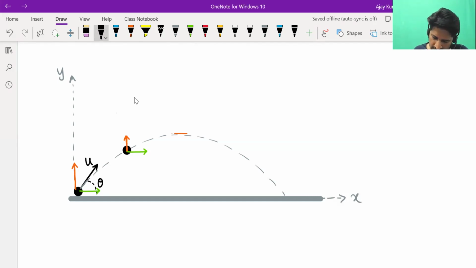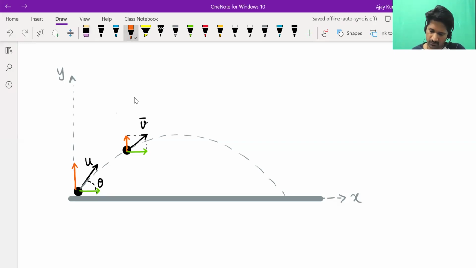Now if you take the resultant, the velocity will be like this at that instant. At a later instant, the y component will become even shorter. X component continues to be the same. Y component becomes even shorter. So it decreases, and as she correctly said, at one height, the y component becomes 0.